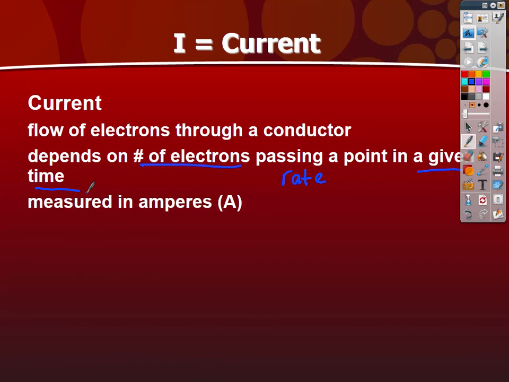So current is the flow. An analogy between voltage, potential difference, and current is a river. If I think of a river, the amount of water flowing in that river is the current. The potential difference is what's driving that river, which in most cases would be gravity. The idea that that river is on higher ground and going to lower ground, there's something that's pushing that water to move along.